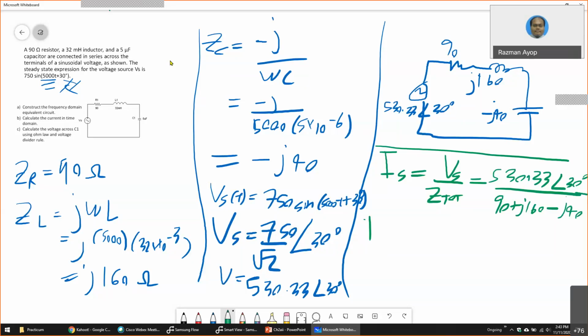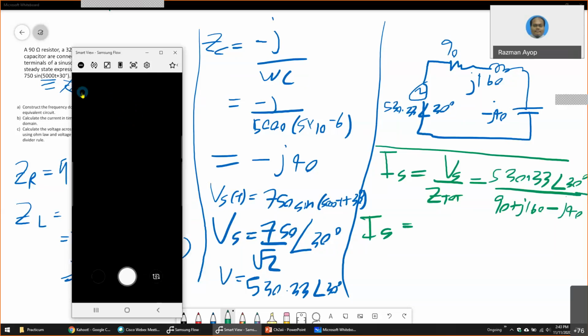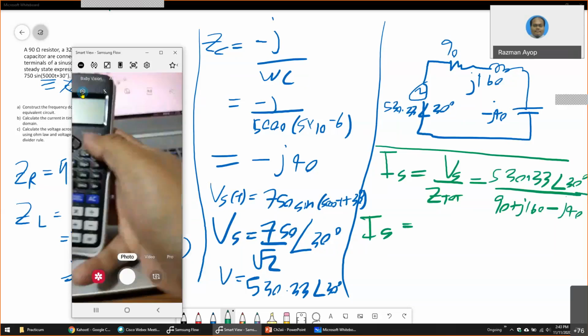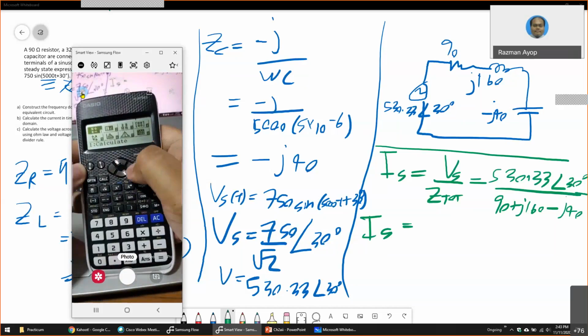So use your calculator. In this case, make sure that you are in complex mode.